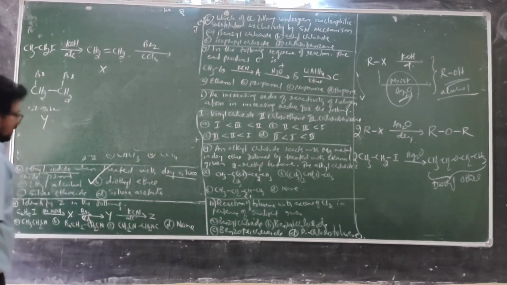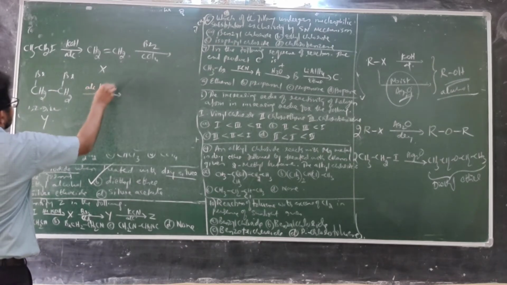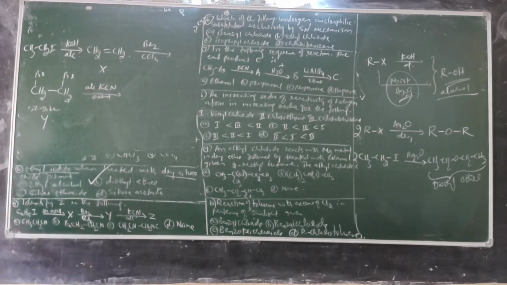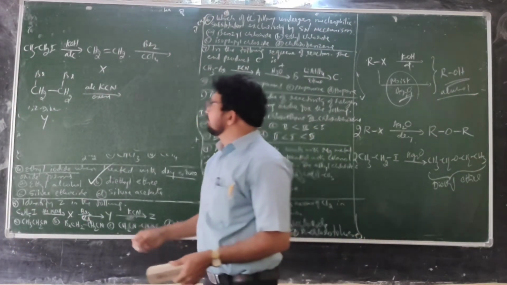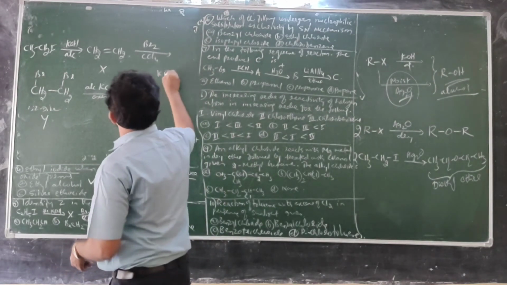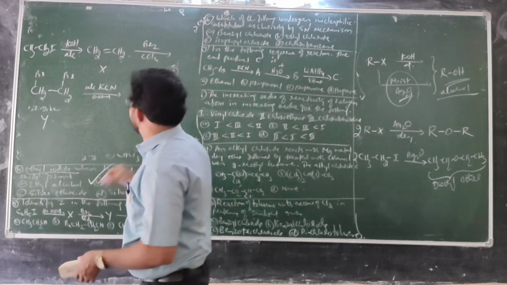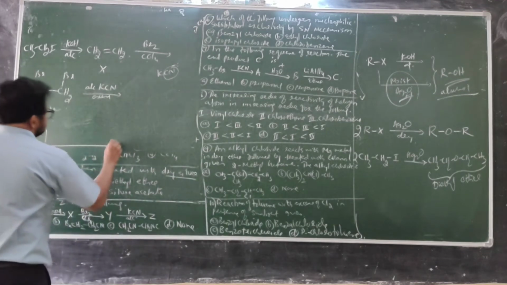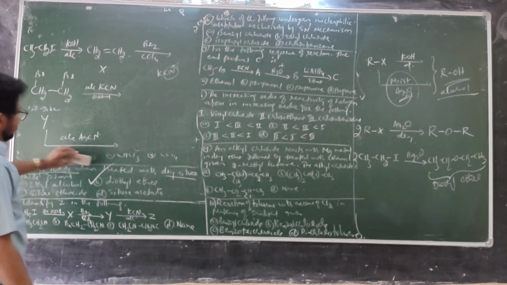Alcoholic KCN, Z. Here one word I tell you, it should be excess because Br and Br are both there. Nucleophilic substitution. Remember, KCN gives free cyanide ion. The product is cyanide. Suppose if AgCN is there, I write both options, okay? So here I write alcoholic AgCN so that you can understand easily.